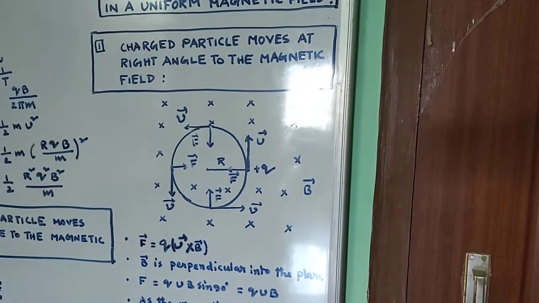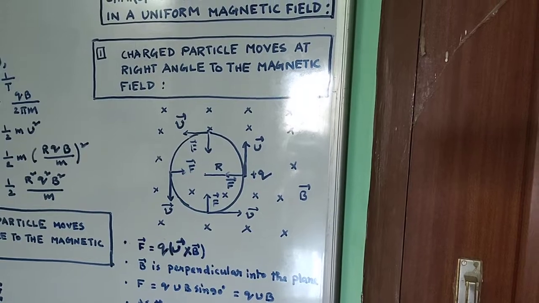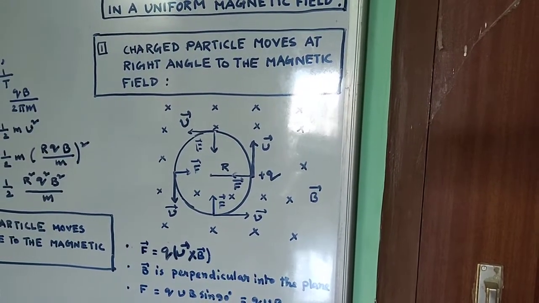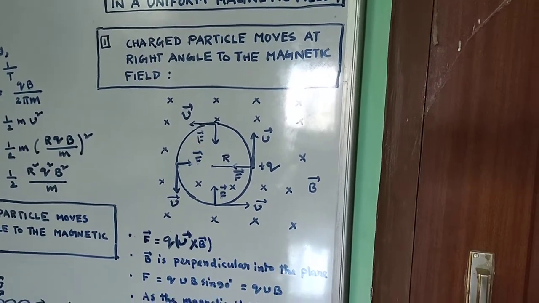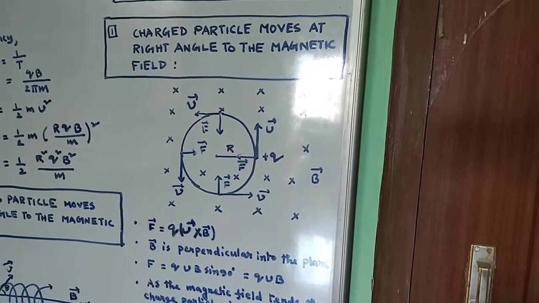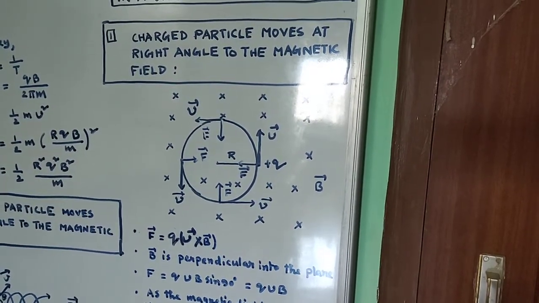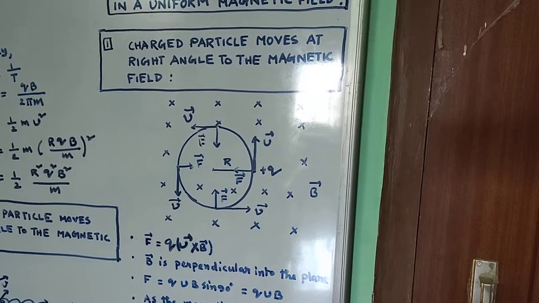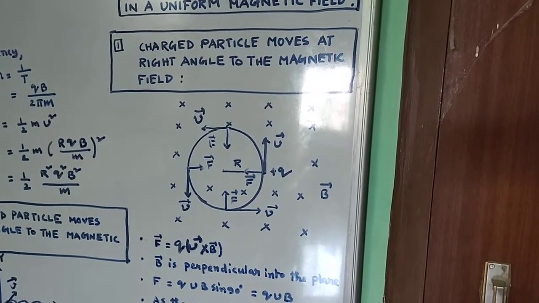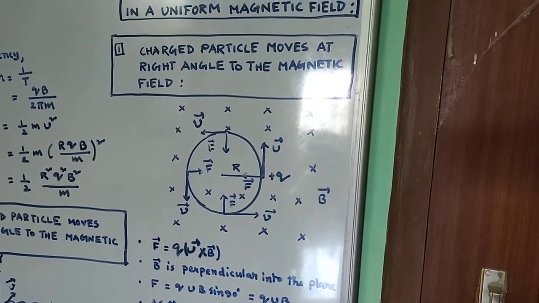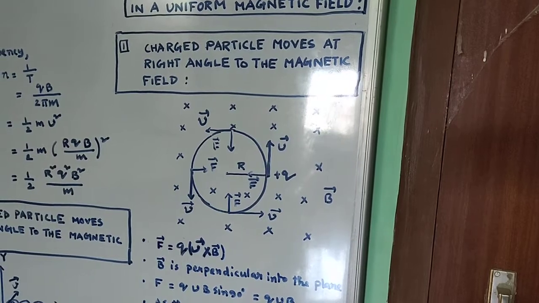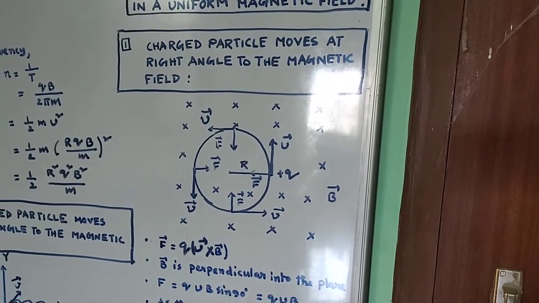If you stretch three fingers, your first finger, your central finger, and your thumb, in such a way that they are mutually perpendicular to each other, and you point the first finger along the direction of the magnetic field, that is perpendicular into the plane, and you consider the current along the direction of velocity, because the charged particle is positive in nature, then you will get the direction of the force towards the center, as we have drawn a circle.